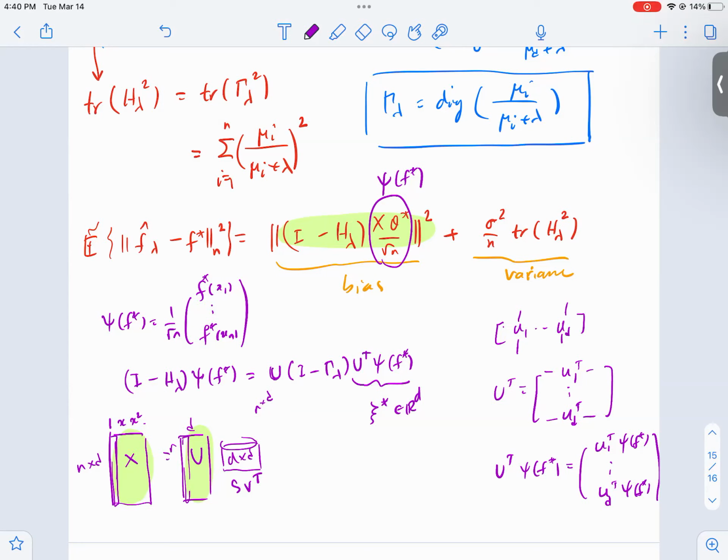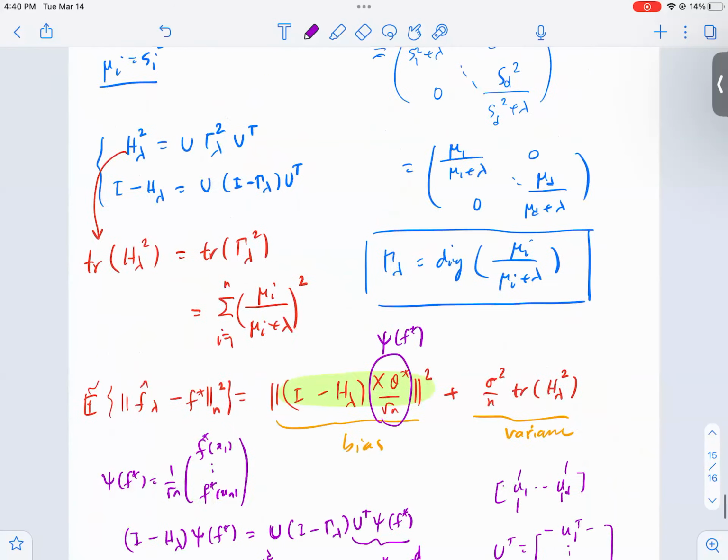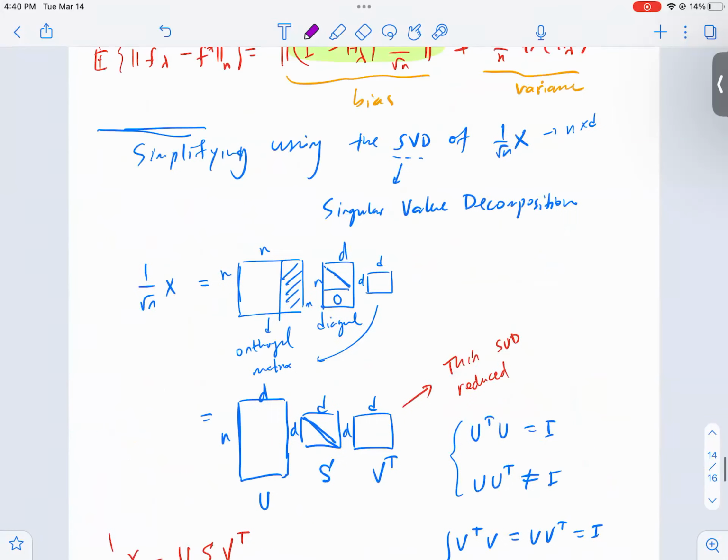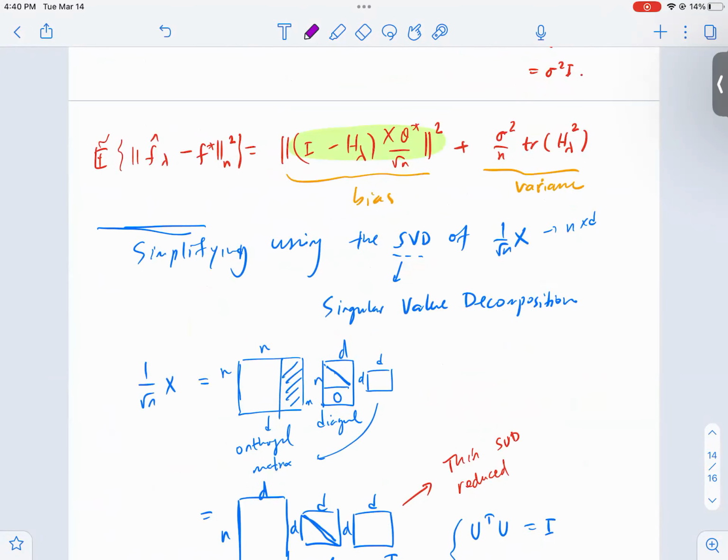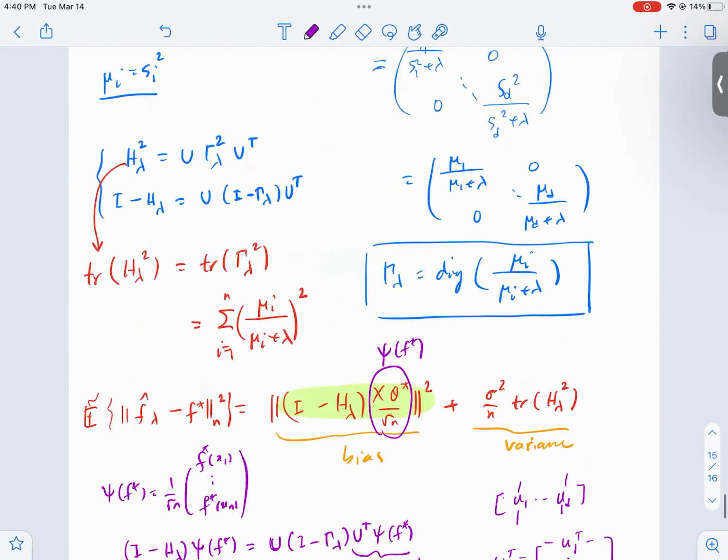And you'll see that S is usually decaying. I forgot to mention that S is usually ordered, so that S1 is bigger than S2, which is bigger than SD. So usually the largest one is the more important component.